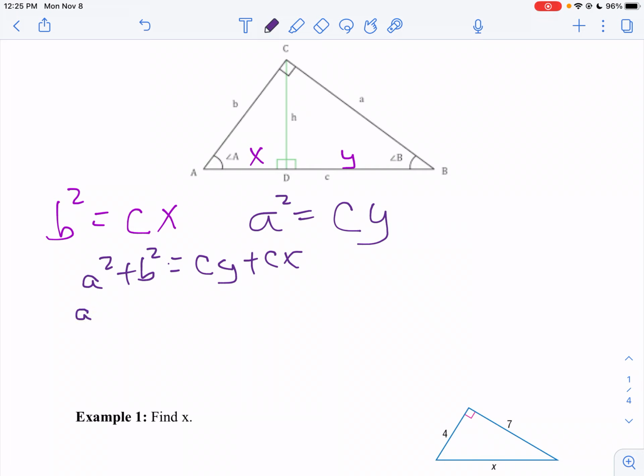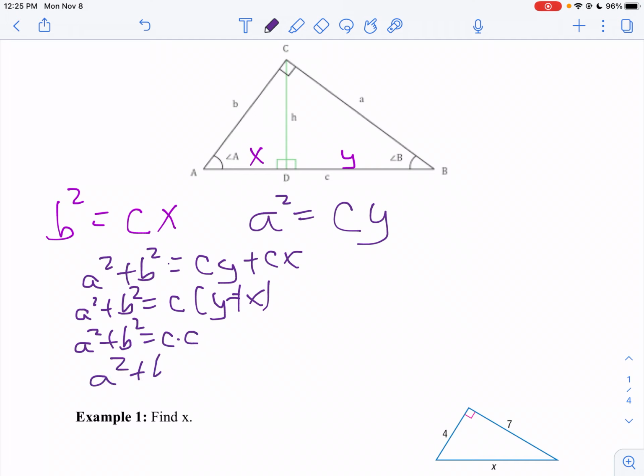So I'm going to say a squared plus b squared equals c times y plus x. Well, look at your diagram. Y plus x by the segment addition postulate, that's c, isn't it? So a squared plus b squared equals c times c, which a lot of times we'll say is c squared.